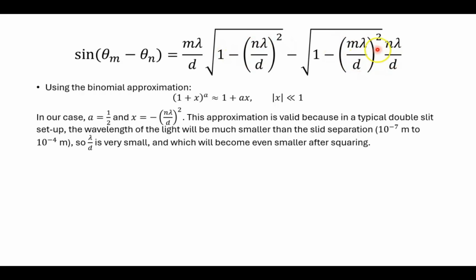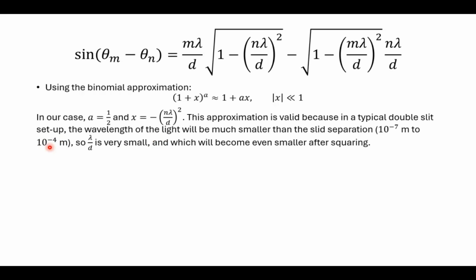And this approximation is valid because in the typical double slit setup, the wavelength of the light used will be much smaller than the slit separation. So the wavelength of visible light will typically be in the range of 10 to the power of -7 meters. And the slit width is basically like 0.1 or 0.5 millimeters as in our last question.